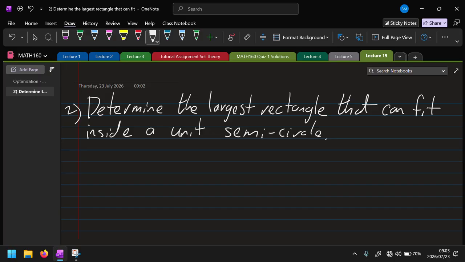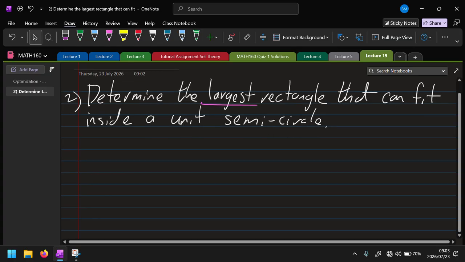So that's our word problem. Again, here it's got largest, so it's an optimization problem where we want to maximize this rectangle. Okay, so step one, draw some pictures.